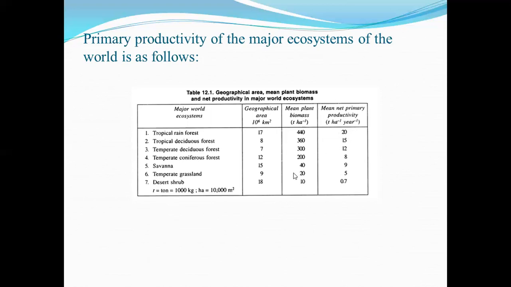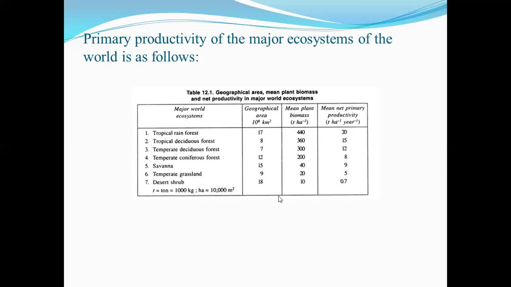If you see the biomass also, you will understand that almost 800 tons per hectare of mean plant biomass is seen in tropical forest, whereas 500 is seen in the temperate forest, and 60 is seen in the savannas and temperate grasslands, and desert shrubs will yield only 10 tons per hectare.